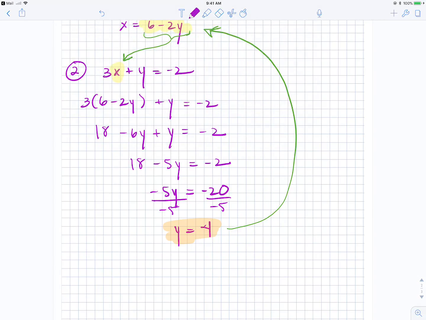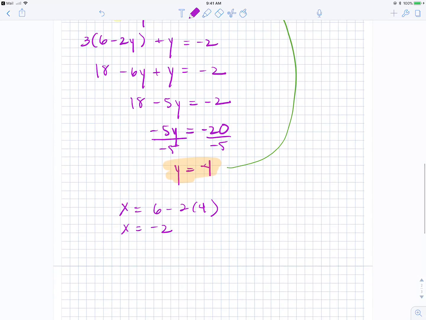So I'm going to do that. So I'll have x is equal to 6 minus 2 times 4. x is equal to 6 minus 8, which is -2. So we're getting that our solution is (-2, 4), which I believe is what we got in the graph above.